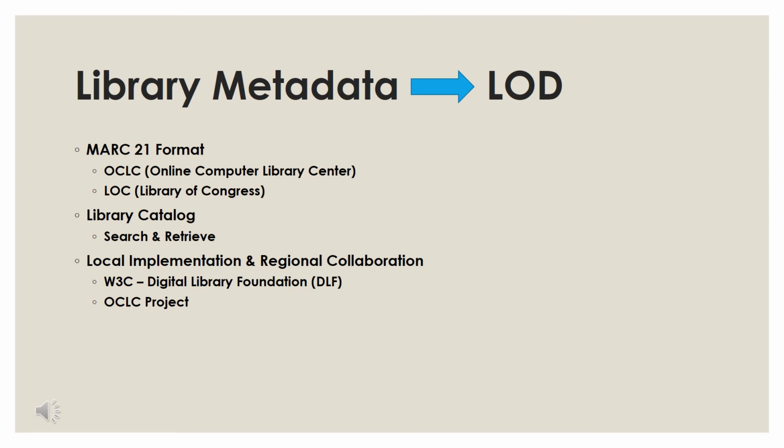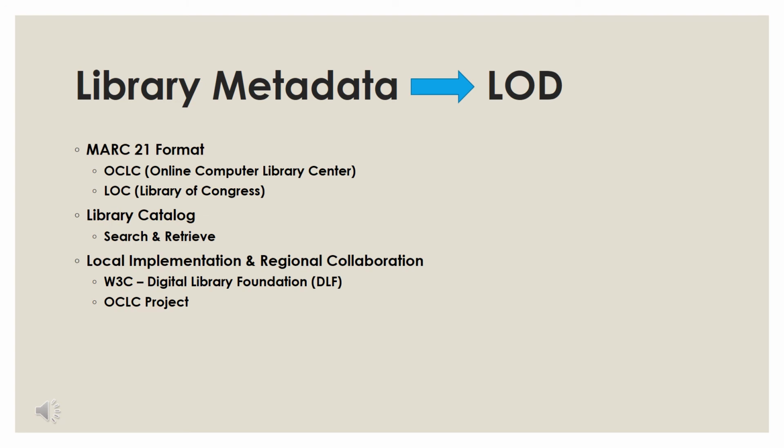Now, the problem with this data is that once it's transcribed and put in a recognizable form and then put on the library catalog, there's not much that can be done with it there. Most library catalogs are restricted to just search and retrieve, or you can just search a title or a name or whatever, and then find if it's located there, you can retrieve it from the physical space, or sometimes they'll have a link where you can get a digital copy. That's about the best you can do.